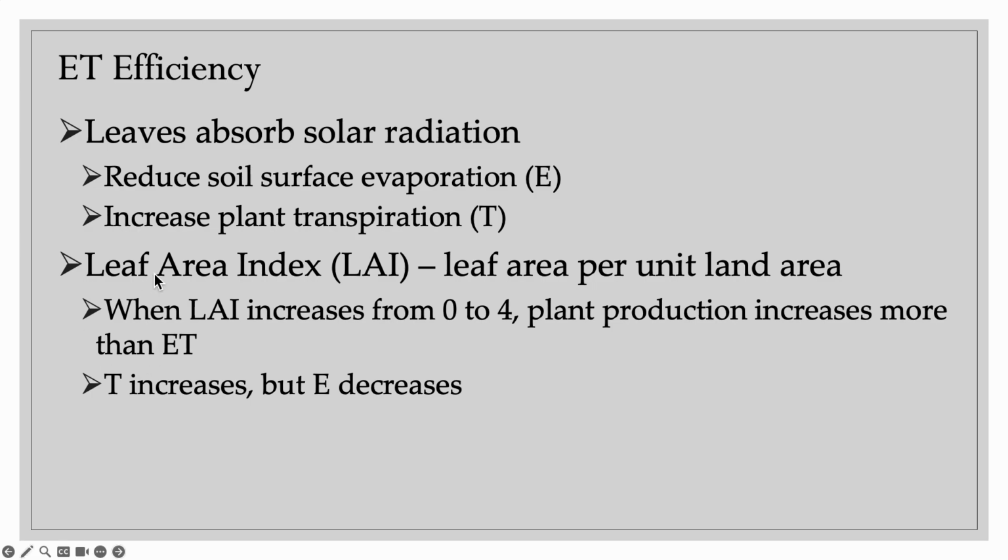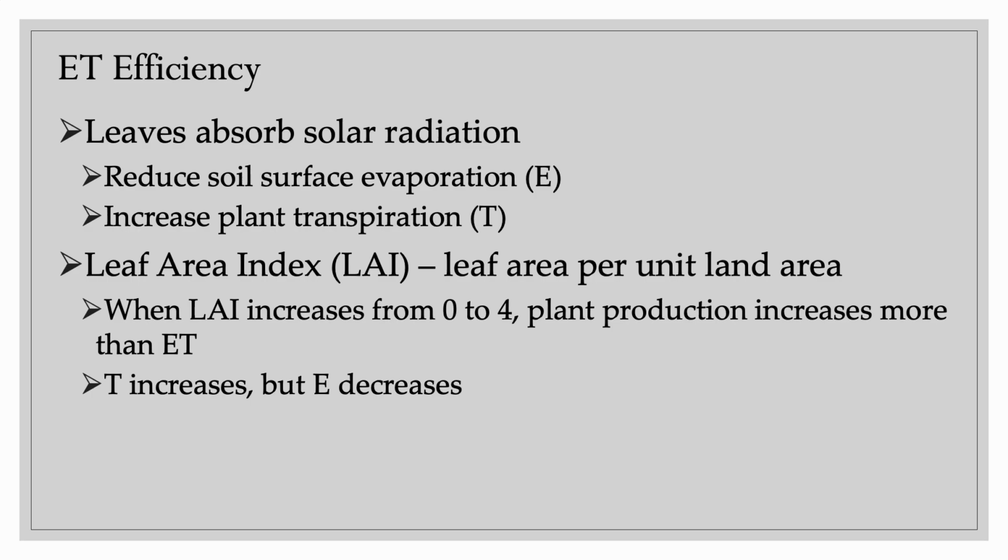And so the greater leaf area index, or leaf area per unit of land area. If you think about a soybean leaf, or your hands, if you were to take both of your hands and open your palms as wide as you could, and then place one palm over the other, the leaf area would increase in that particular area of land, or whatever your area is, like on your desk.